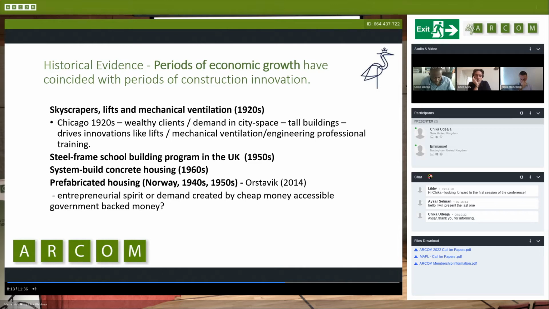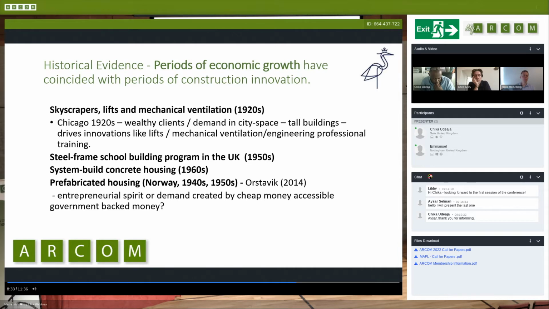One of the interesting things about demand is it also has a social aspect to it as well. It's not just an economic concept. I'll talk much more about that in the paper. But the situation in Norway is really interesting, and there's a lovely paper by Finn Ostervik on prefabricated housing in Norway.